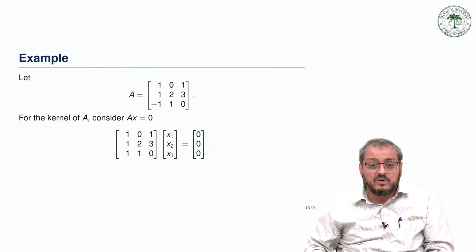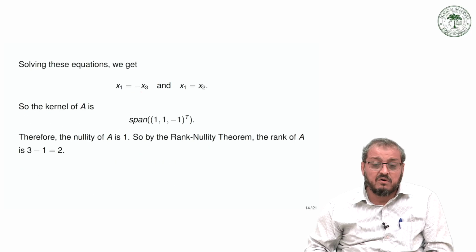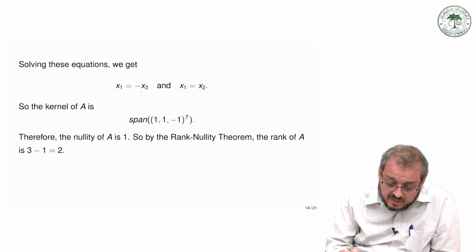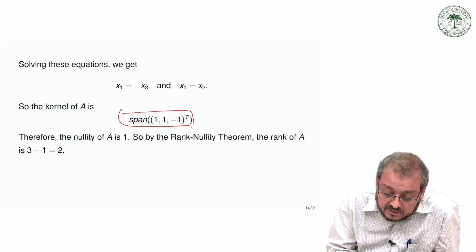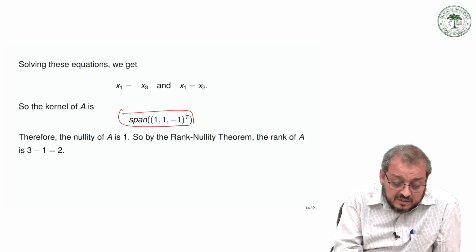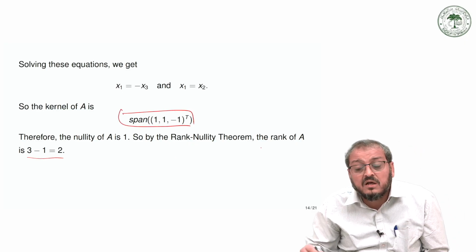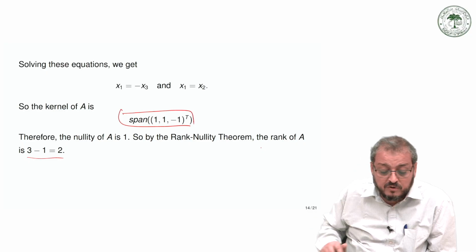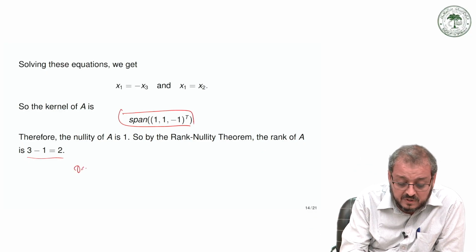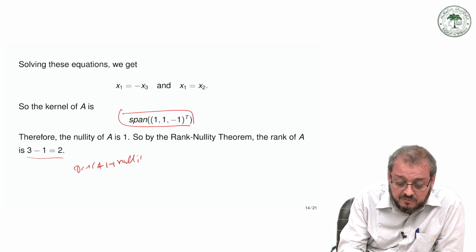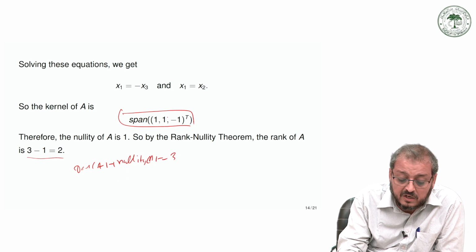Okay, so this is how to calculate the rank and nullity. If we have to calculate just the nullity, here I just use the rank nullity theorem, in the form rank of A plus nullity of A is equal to 3. The nullity of A we already calculated is 1.